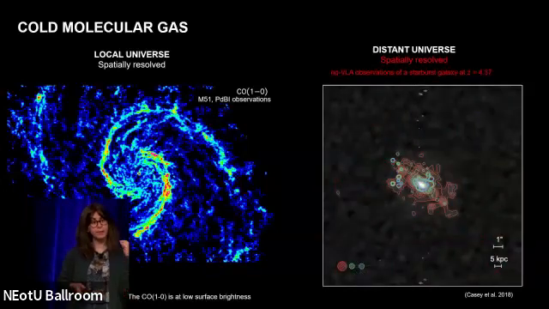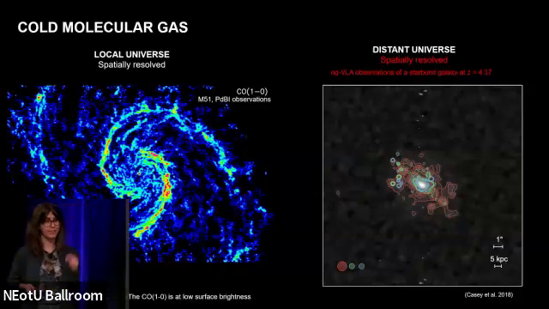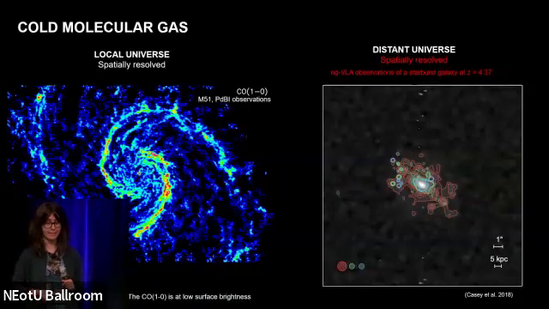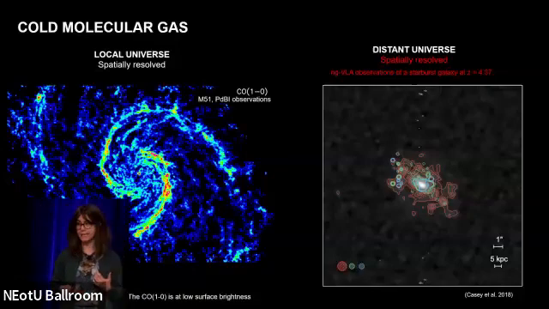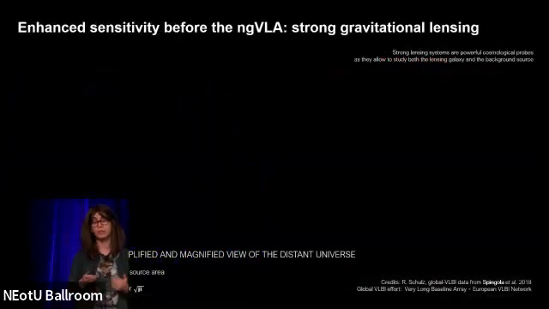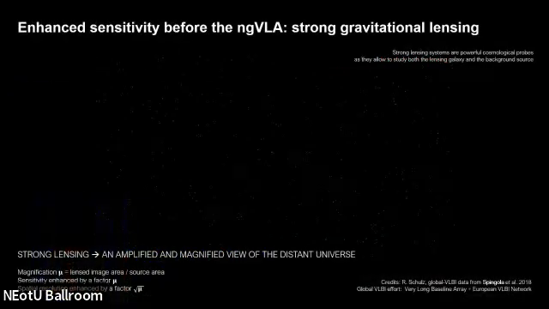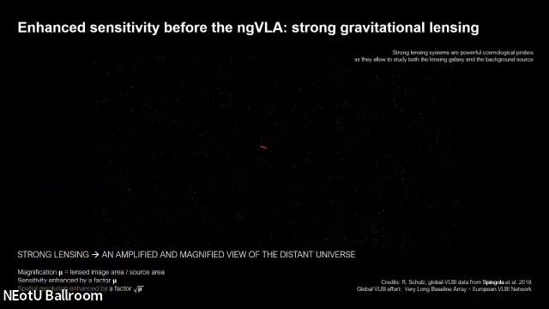So we will be able to get that substructure in the emission of the CO(1-0) on kiloparsec scales also at these cosmological distances. But before the ngVLA comes online, we can use galaxies as cosmic telescopes in order to get that enhanced sensitivity that we need to detect the low surface brightness emission of the cold molecular gas.